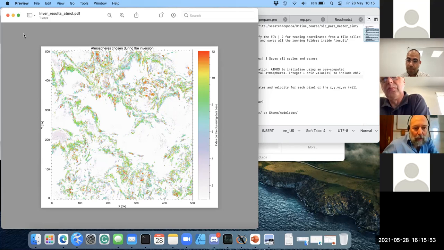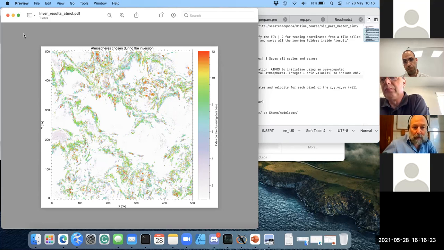Yeah. I'd like to add, if you want to use this program in a systematic way, doing a lot of inversions, maybe the idea of using clustering, in the sense of Alberto, using k-means techniques or something like that, can be very helpful because you will save a lot of time if you start with the closest atmosphere.